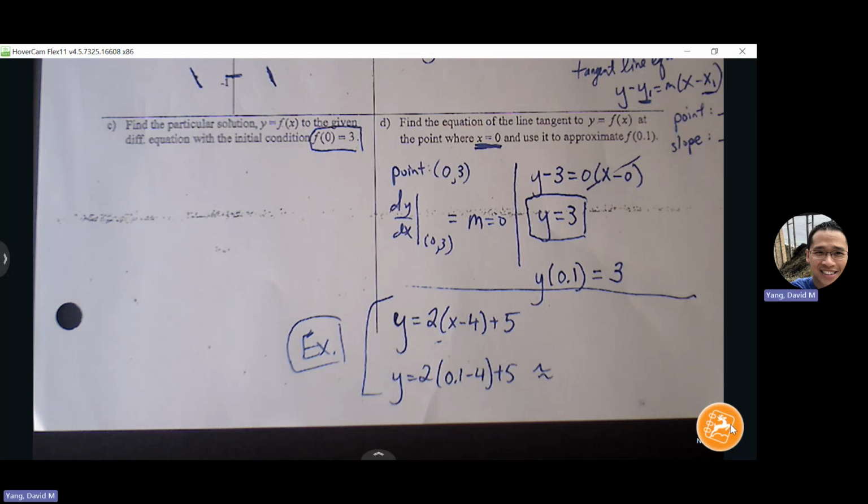Okay, let's look at some antiderivative rules. So let's go to page 4, and let's do the bottom half.